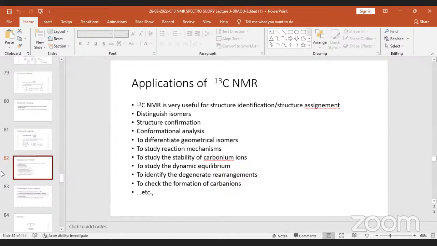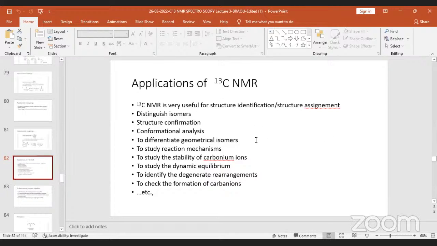It's only the residual coupling constant we get there. But in specific cases when it is required, we will record the coupling constant also, which will be helpful in structural elucidation for some specific molecules.